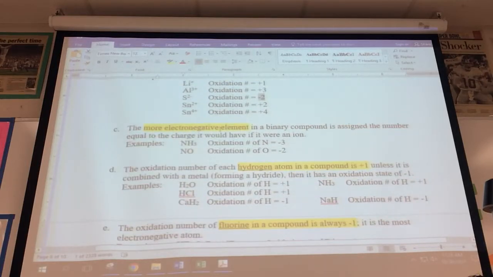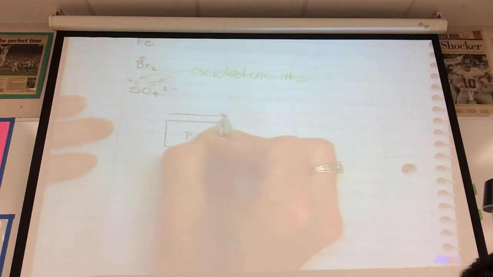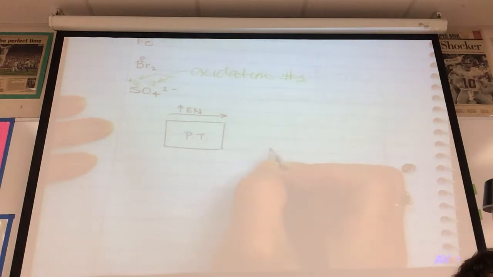The more electronegative element in a binary compound is assigned the number equal to the charge it would have if it were an ion. This is the trickiest of the bunch. Your trend for electronegativity we introduced briefly in the last chapter. We said as you go across the periodic table from left to right, the electronegativity increases, with fluorine being the most electronegative element on the periodic table.